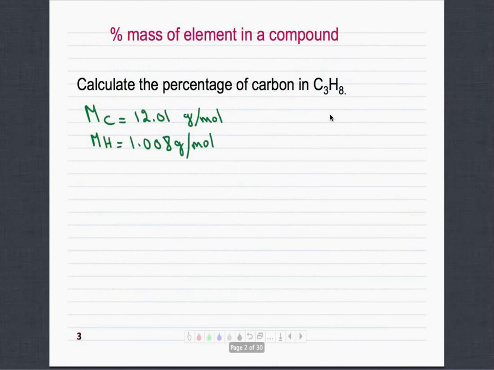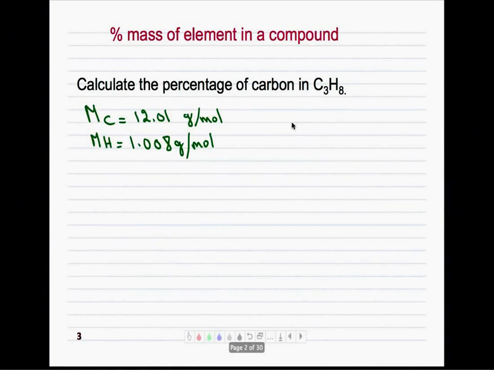Now, sometimes you'll be given percentage of mass. For example, the percentage of mass of this element in this compound, and the way to calculate the percentage, I'm giving here an example, calculate the percentage of carbon in C3H8. So the percentage of carbon equals the mass of carbon in this compound over the total mass.